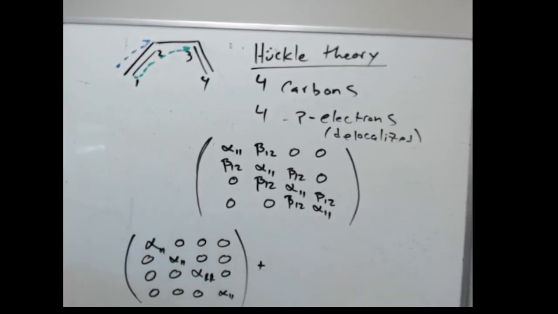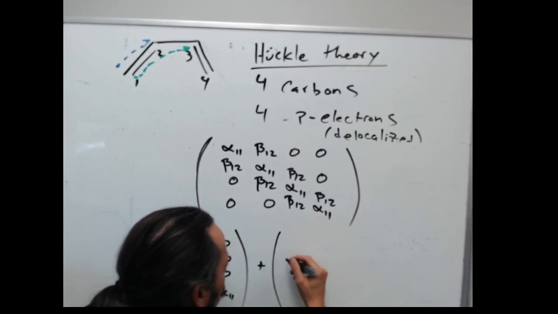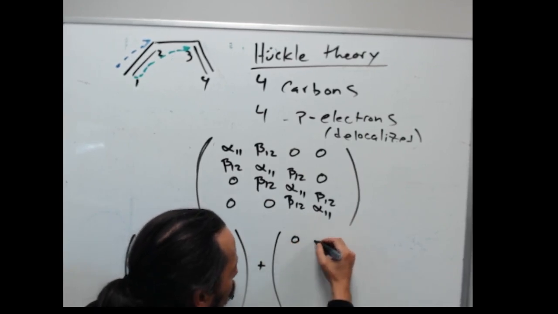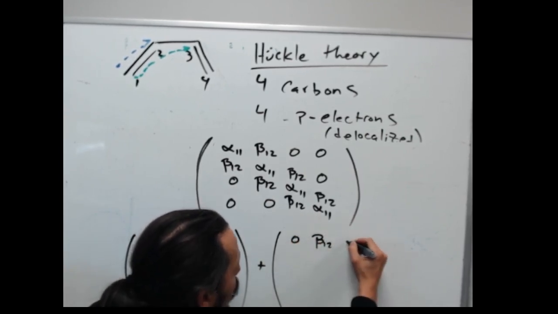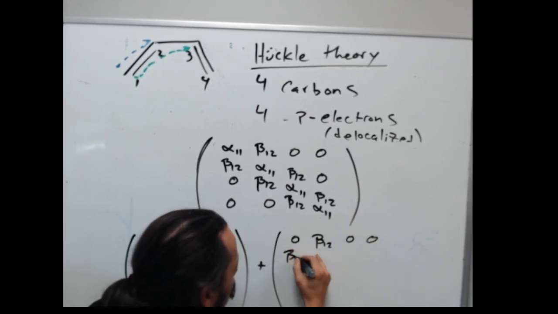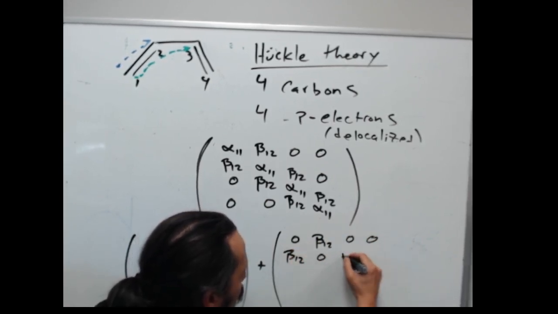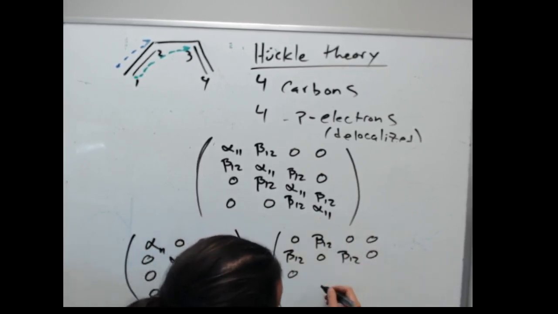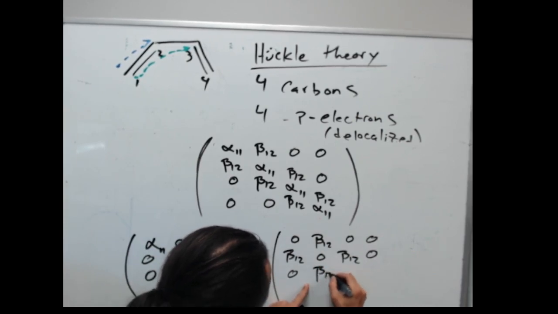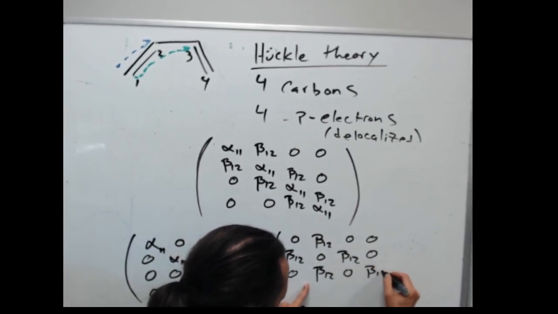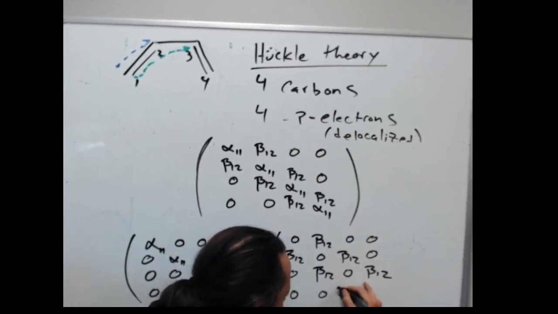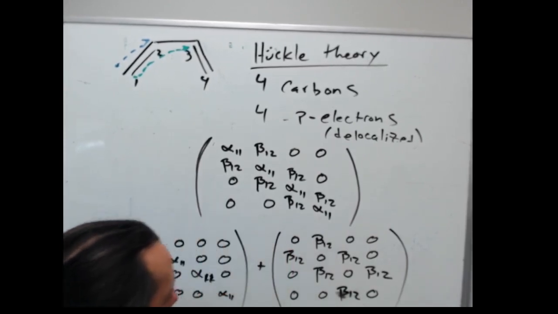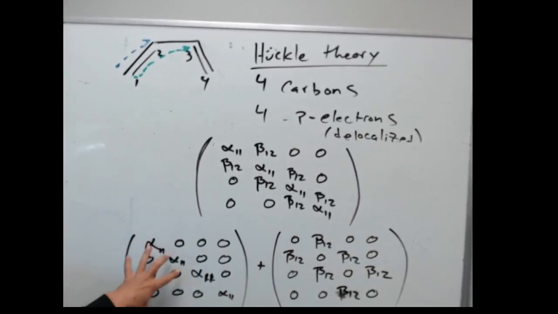And then we just add it to this one. Right, so if I add these two things back together, the middle becomes alphas, I get the same thing back.